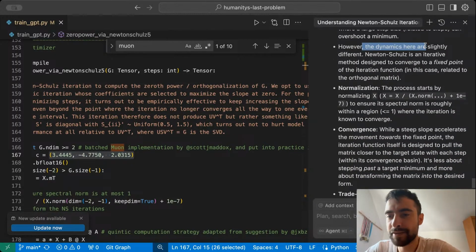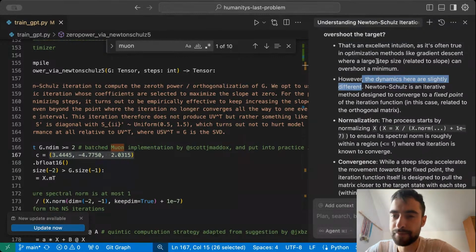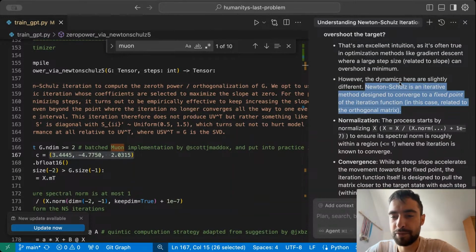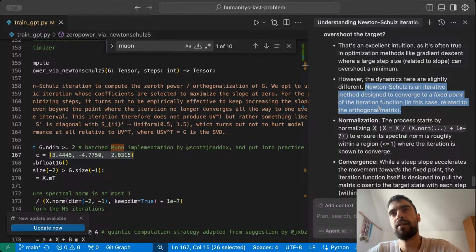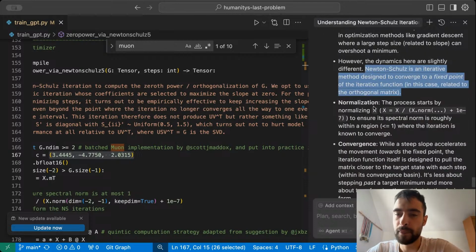However, the dynamics here are slightly different than the gradient descent that I thought was the same. Newton-Schultz is an iterative method designed to converge to a fixed point of the iteration function, in this case related to the orthogonal matrix. The orthogonal matrix is the result that we want to get with the polynomial, and the polynomial is this iteration function.